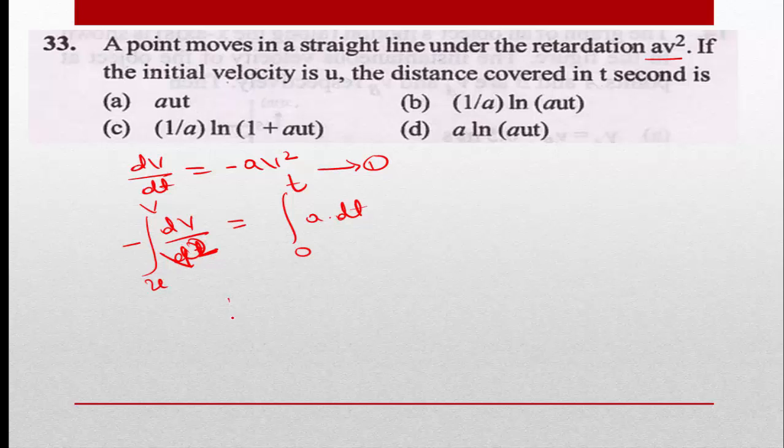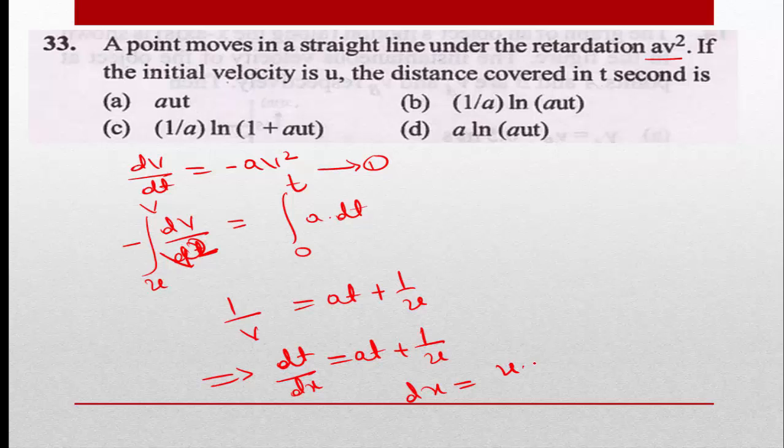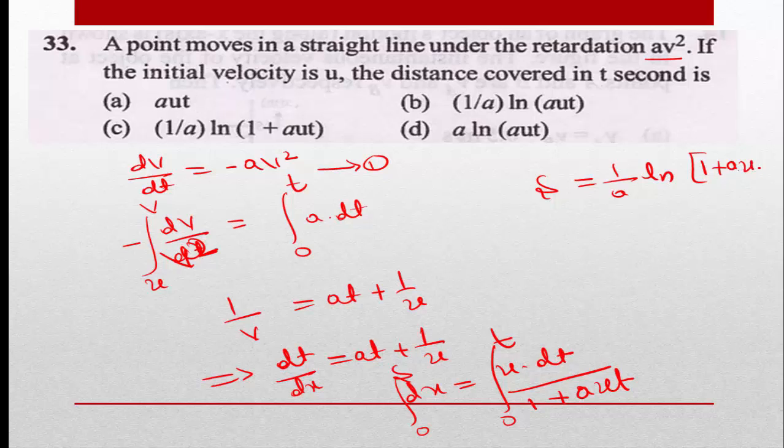When you integrate, the equation becomes 1 by v is equal to a t plus 1 divided by u, or dx by dt is equal to u divided by 1 plus a u t. Or dx is equal to u dt divided by 1 plus a u t. Again integrating between the proper limits, from 0 to distance x and from 0 to time t, we get s equal to 1 divided by a into ln of 1 plus a u t.